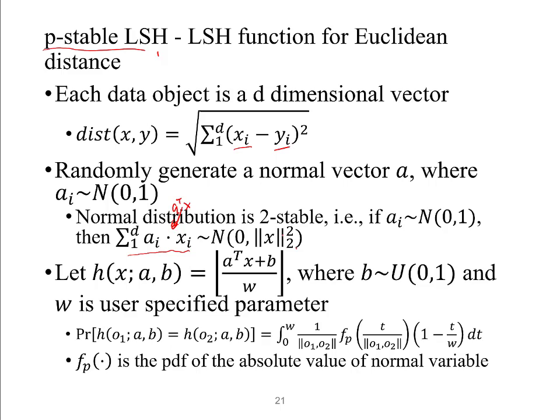Right. Okay. So with this property, we define the hash function for Euclidean distance, the p-stable LSH function.